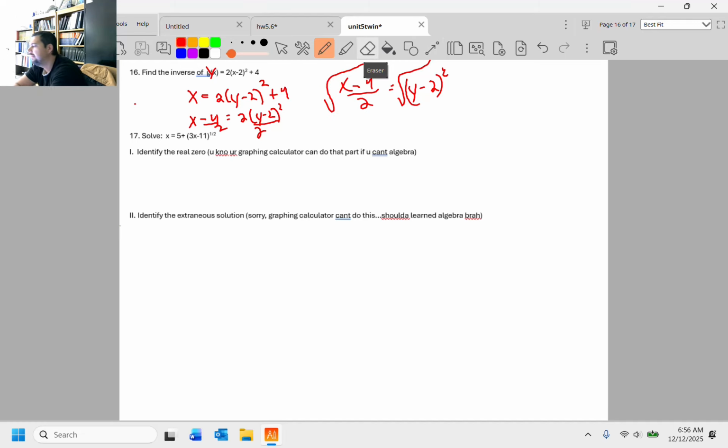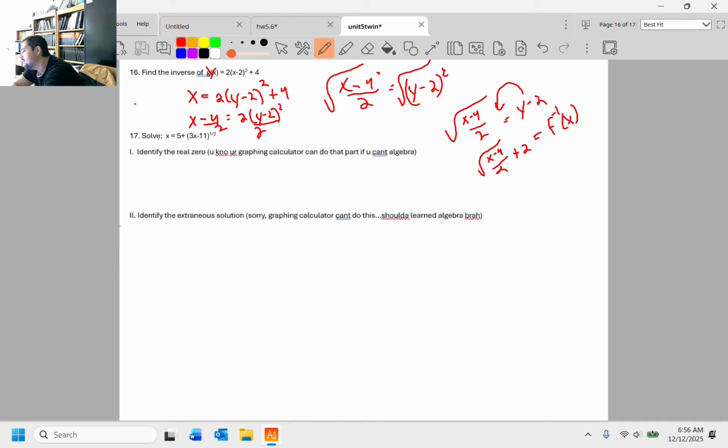We're just going to leave it like that. So the square root of x minus 4 over 2 is y minus 2. And all we got to do is add 2. The root of x minus 4 over 2 plus 2 is the inverse. And this one would actually not be titled f because I think it was called g, wasn't it? It would be g to the negative first of x.